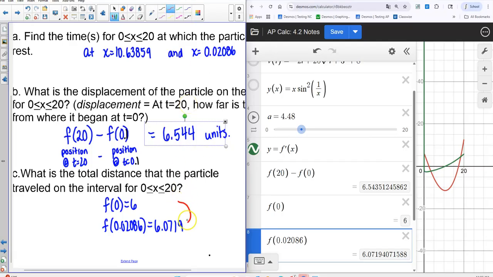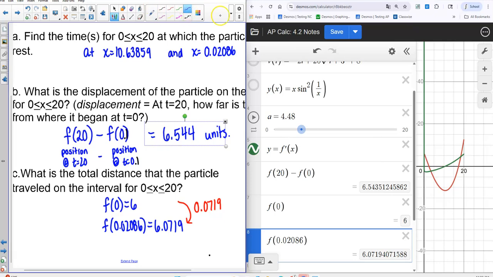Now, from here to here, how far did I travel? 0.0719. Right, so the particle goes 0.0719 units to the right in this case. But then it turns around. At that point, it turns around and starts going to the left.